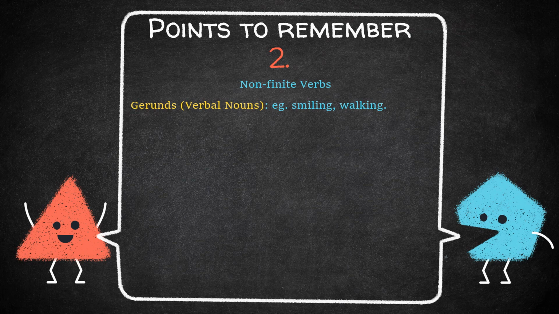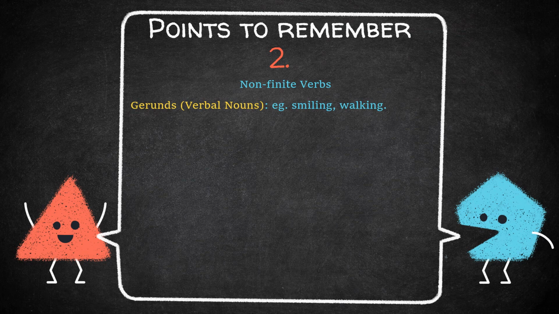That is, although they are verbs, they do the work of a noun. For example, words like smiling, walking, that is, when an ing is added to the base form of a verb, we can form a gerund. So you have to remember that gerunds act as nouns in a sentence. So they can be either the subject in the sentence or an object in a sentence.